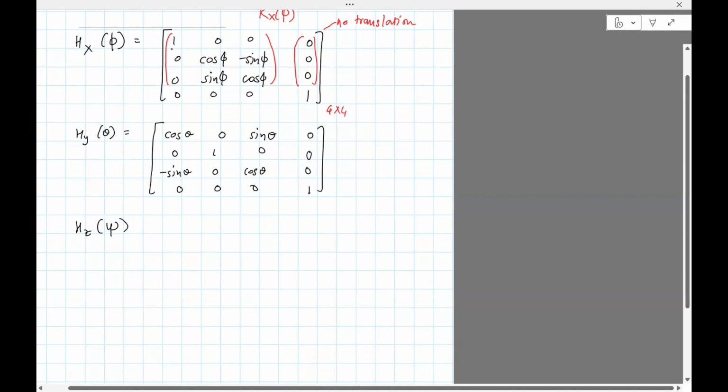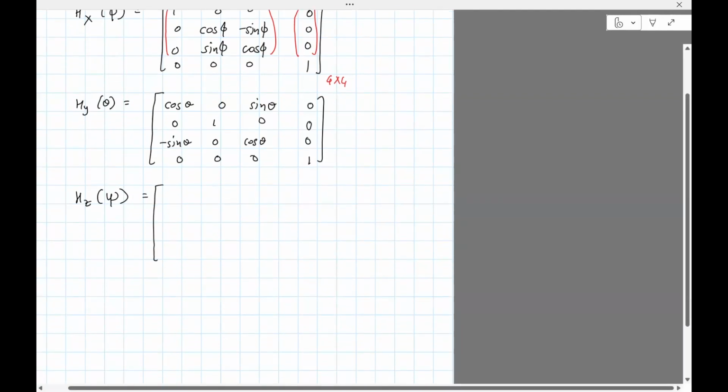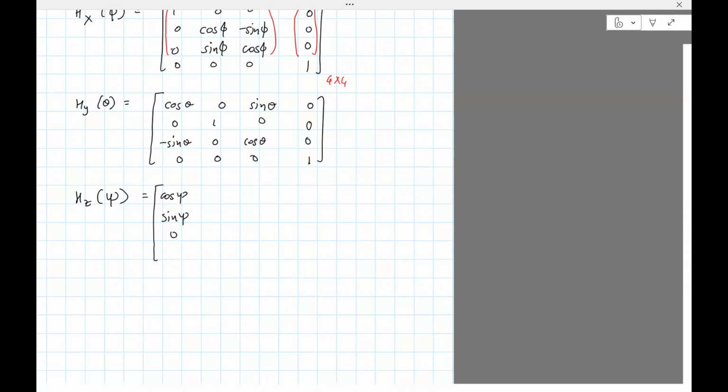And finally, rotation about the z-axis by an angle psi: cosine psi, minus sine psi, 0, sine psi, cosine psi, 0, 0, 0, 1.